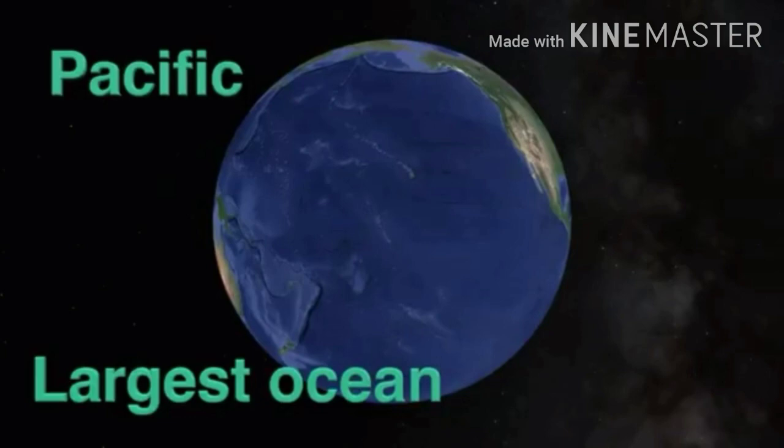The term Pacific means peaceful. Most of the earth's volcanoes are located in the Pacific Ocean. It has many groups of islands called archipelagos, of which Indonesia is the largest with more than 17,000 islands.